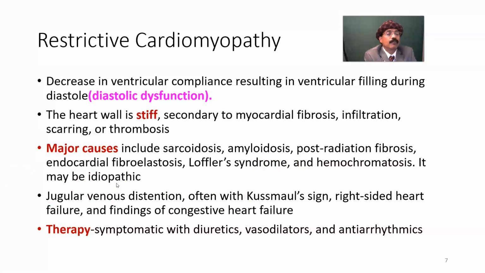What is the best way to diagnose? You can diagnose by taking a myocardial tissue biopsy, which is a confirmatory diagnosis if it is feasible. In physical examination, we'll get jugular venous distension, often Kussmaul sign, right-sided heart failure, and findings of congestive heart failure.